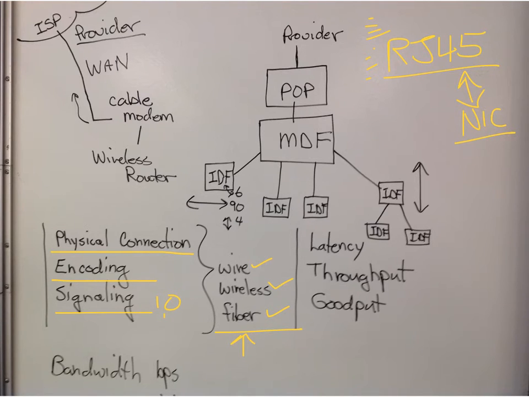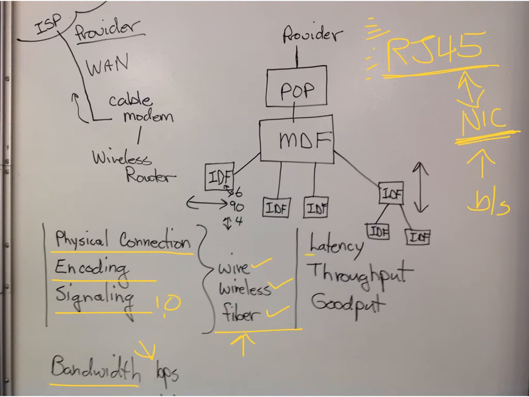Now, how fast do these send? Well, the NIC on your device can send up to a certain speed of bits per second. And we'll look at some examples of that. And then what you're connected to, the switch: the ports on the switch will have a certain bandwidth, or bits per second.